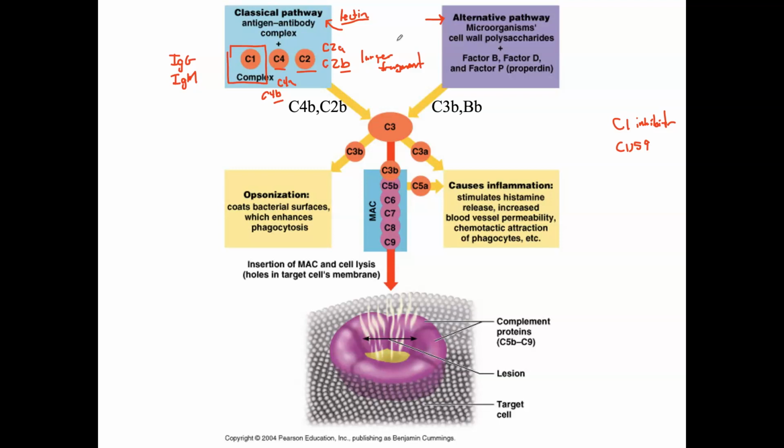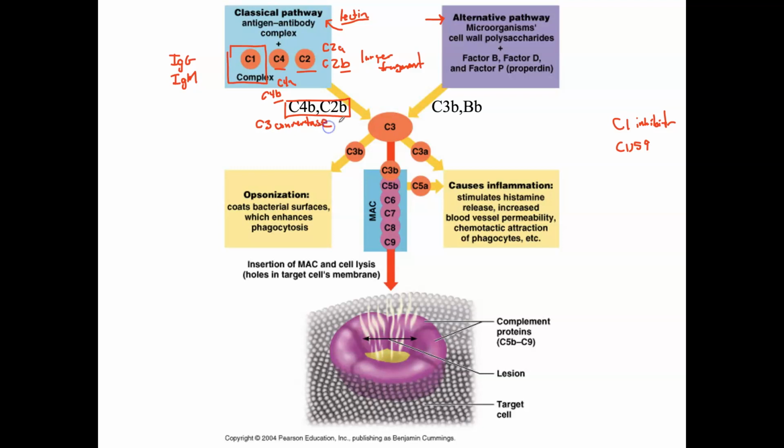So for example, when C4b and C2b join together, they form the C3 convertase. So here we have C4b and C2b, the larger fragments when C4 and C2 were activated, and this is known as C3 convertase.